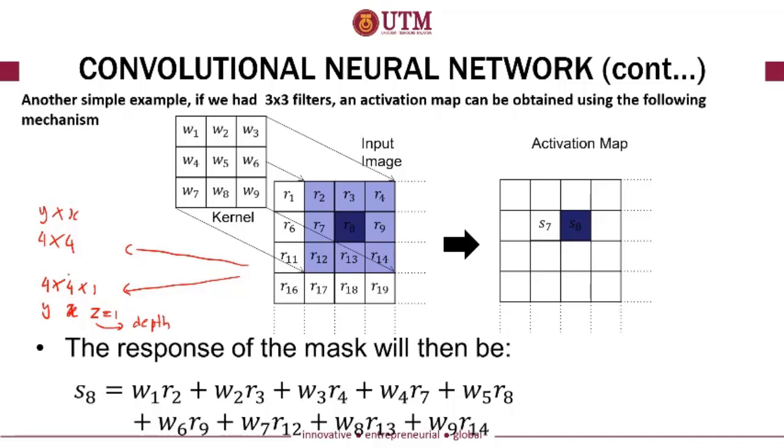That's why we can still consider it as a two-dimensional signal. But of course later you will find out the depth is not always 1. It can be more than 1.